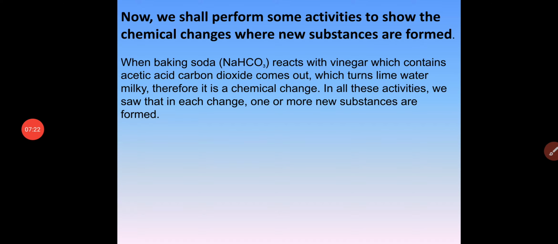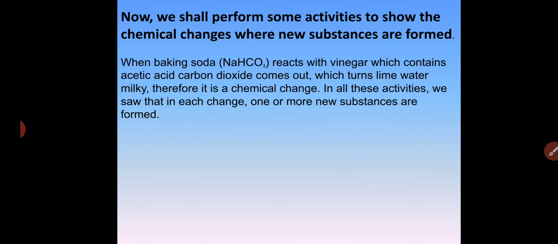When baking soda reacts with vinegar, which contains acetic acid, carbon dioxide comes out, which turns lime water milky. Therefore, it is a chemical change. In all these activities, we saw that in each change, one or more new substances are formed.